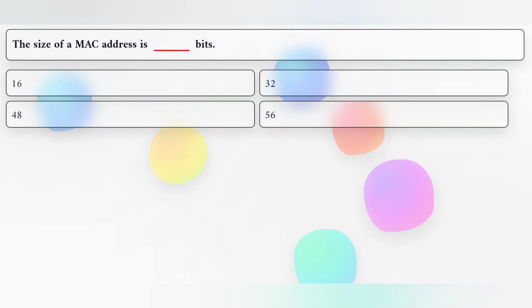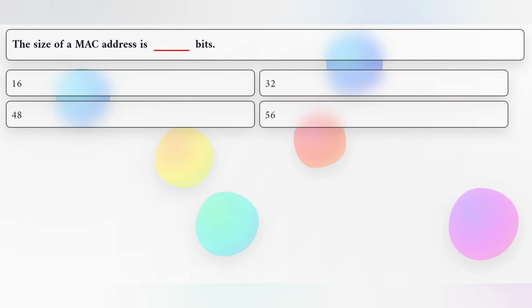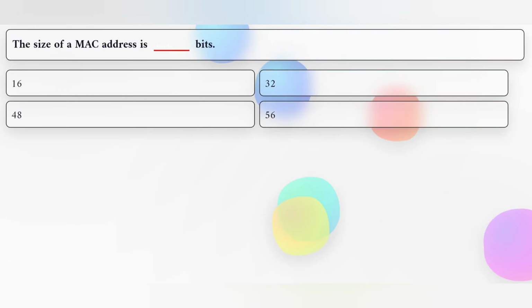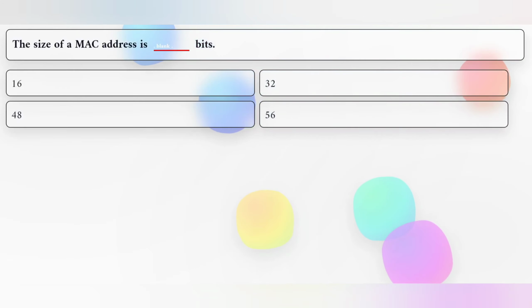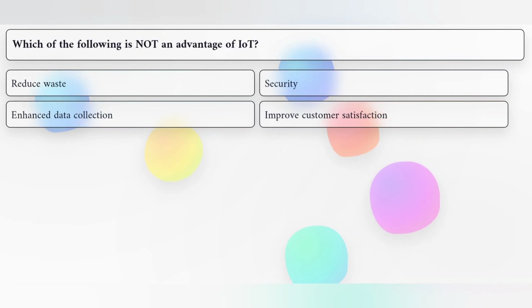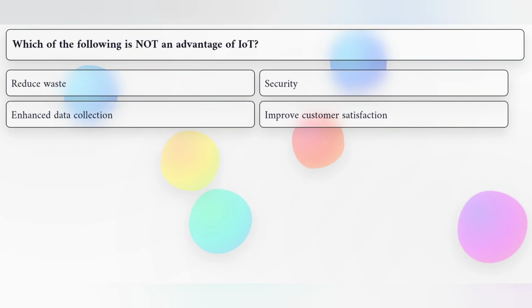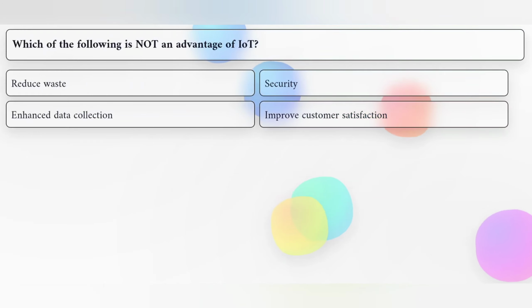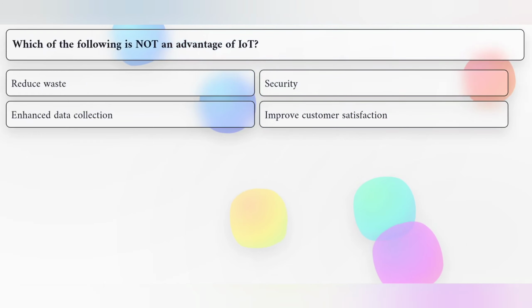The size of a MAC address is blank bits: 16, 32, 48, 56. Which of the following is not an advantage of IoT? Reduce waste, security, enhanced data collection, improve customer satisfaction.